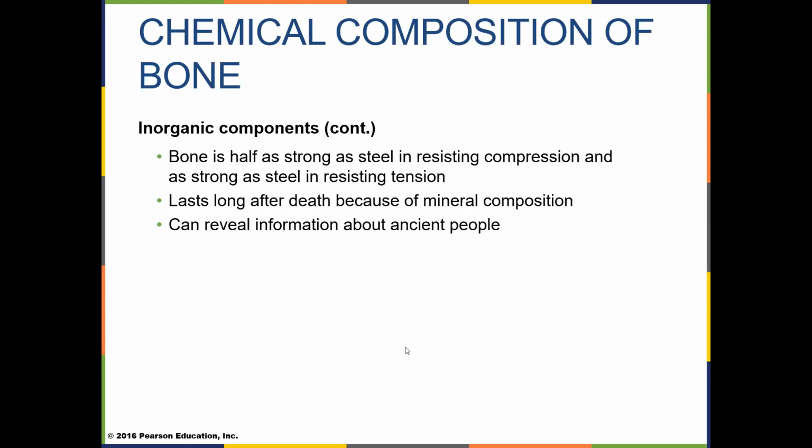You can tell a lot about the diet of the individual, because the mineral composition in the bones isn't going to change. You can tell what they did. The bones are going to assume certain shapes based on their occupation, because if you have some sort of repetitive action, you're going to see bones strengthen on one side or another. And of course, you can often tell the cause of death, especially if it is not a natural cause.